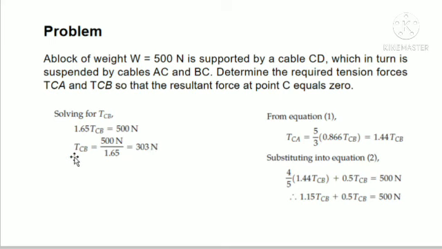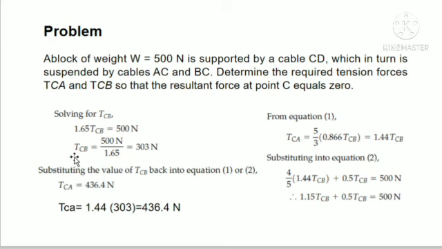So we have now our tension CB. Substituting the value of TCB back into equation 1 or 2, since we already have tension CB, only CA is missing. And our tension CA is equal to 436.4 Newton. So how did it happen? Let's go back to equation 1.